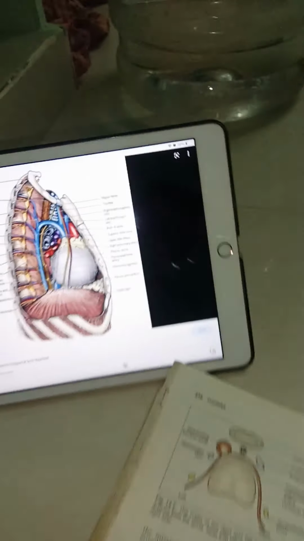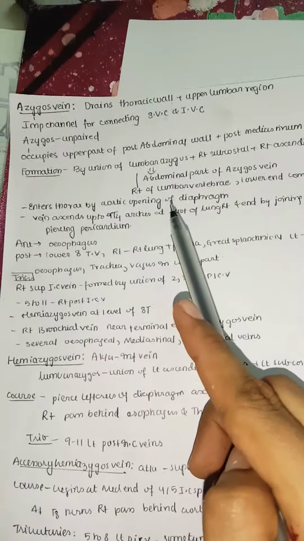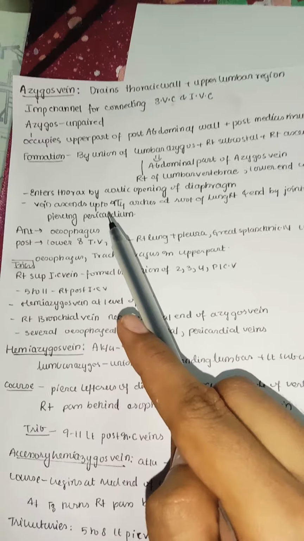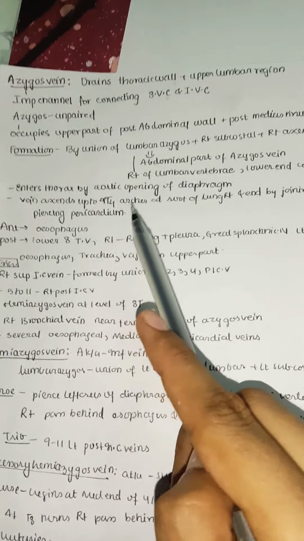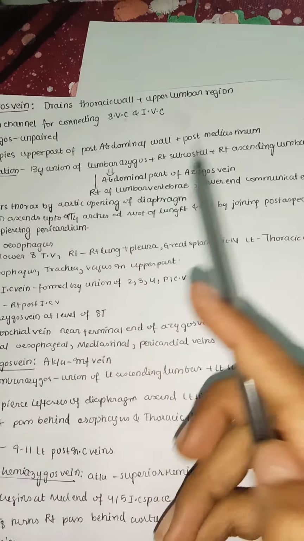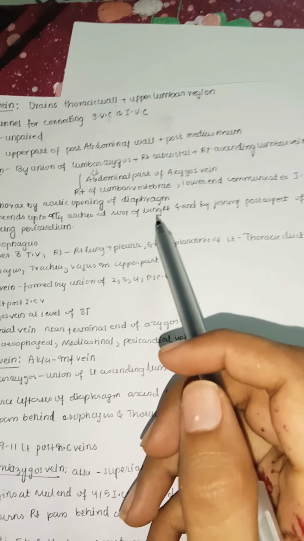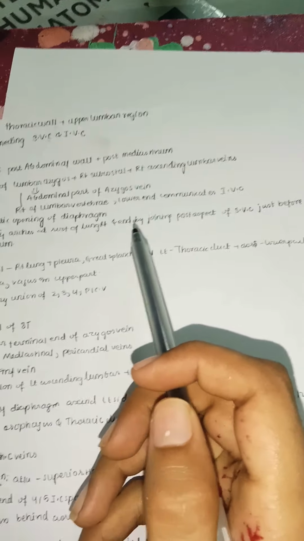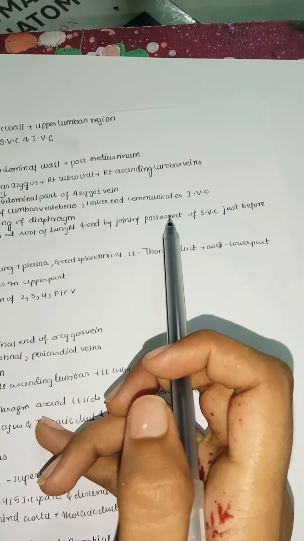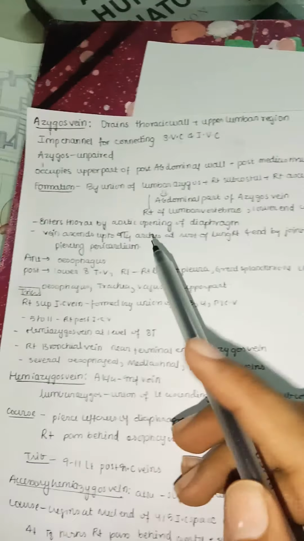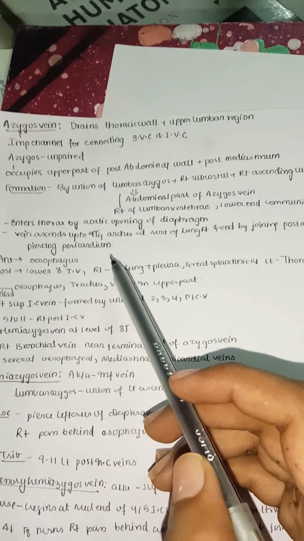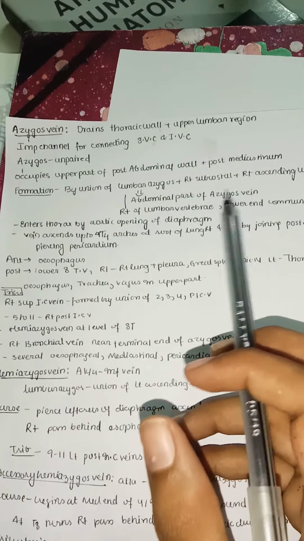Through the opening of the diaphragm, the vein ascends up to T4 and arches at the root of the lung, especially the root of the right lung because azygous is only on the right side, and it ends by joining the posterior aspect of the superior vena cava just before piercing the pericardium.